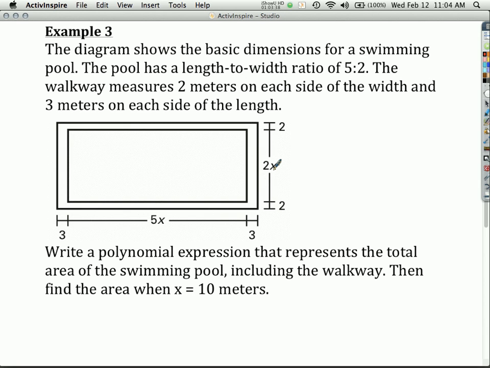But it gets a little more complex because most people don't just cut out a rectangle, put the pool in, and then leave everything else the way it is, surrounded by grass. You usually don't just walk on grass and then boom, you're in a pool. There's usually a walkway around it, and so the template has that built in. So we have a 2-meter walkway across the top and the bottom, and a 3-meter walkway on the side.